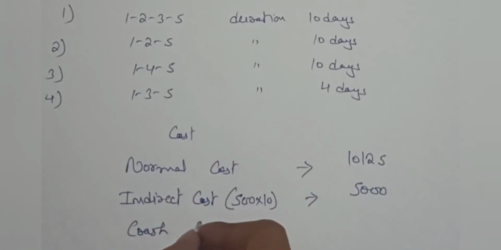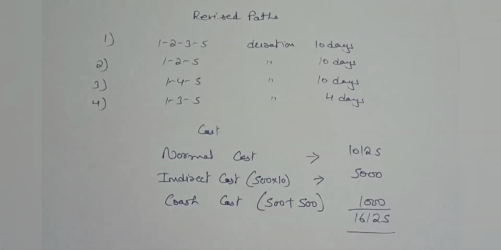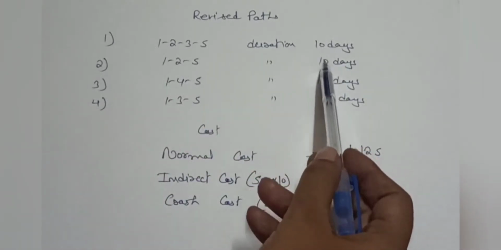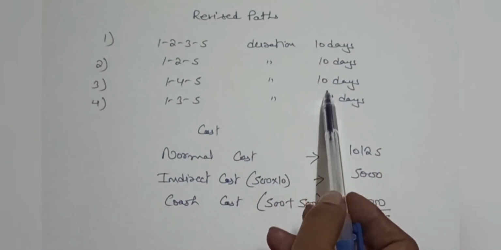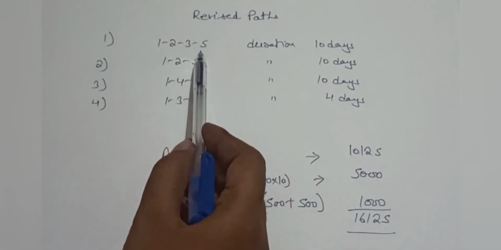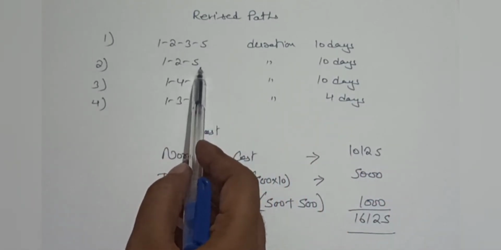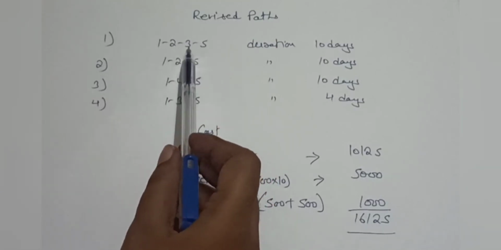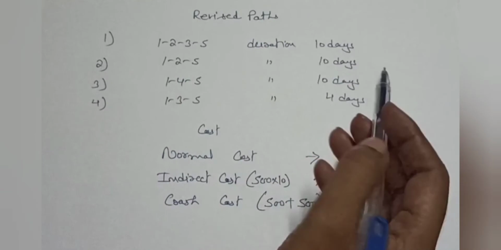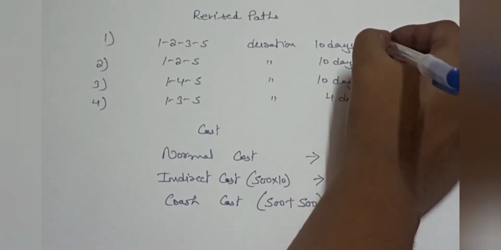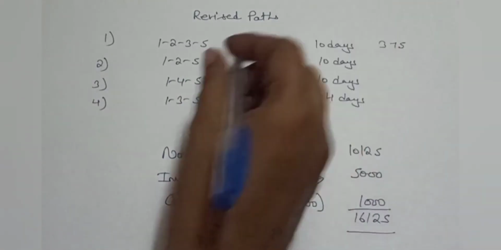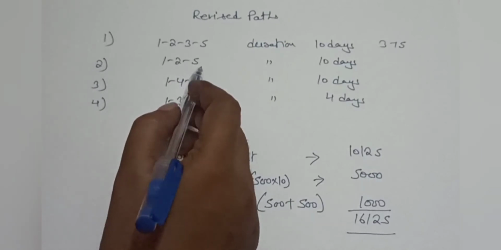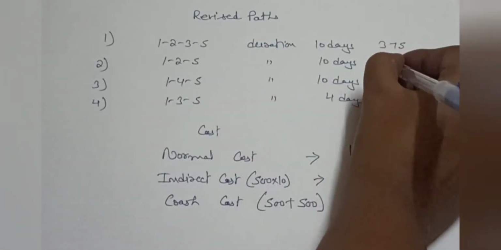And our crash cost is... Now we will consider these three paths for crashing. We can crash activities 3 to 5, 2 to 5 and 1 to 4. Our crash cost for the 3 to 5 activity will be 375. For crashing activity 2 to 5, our crash cost will be 500.